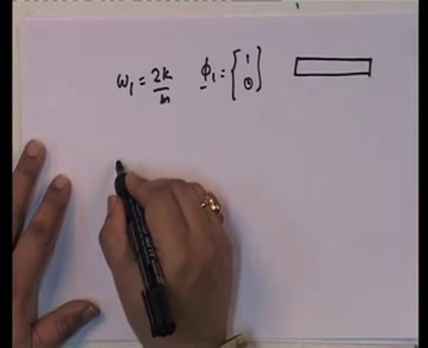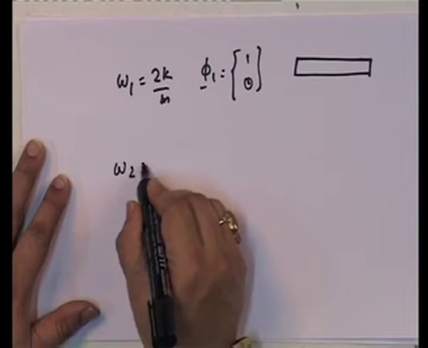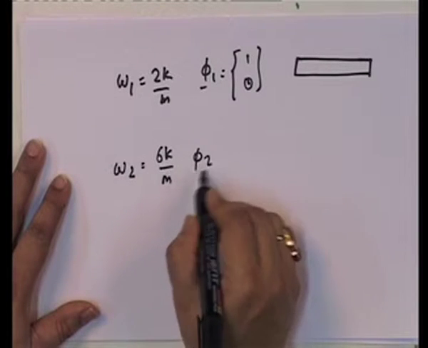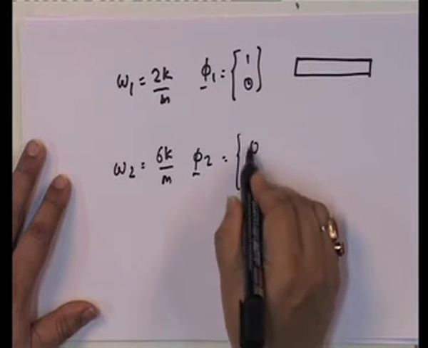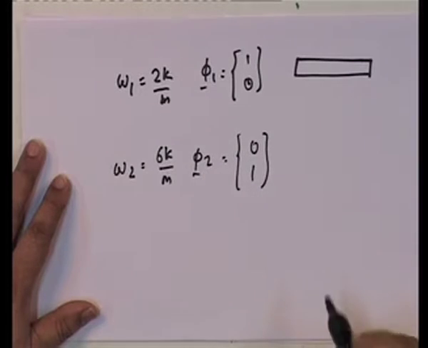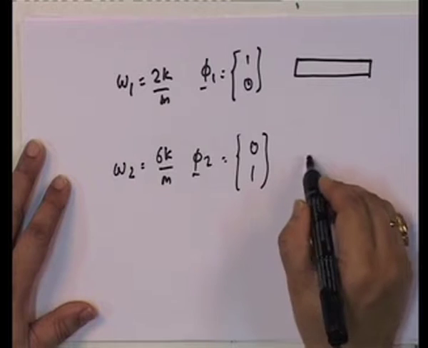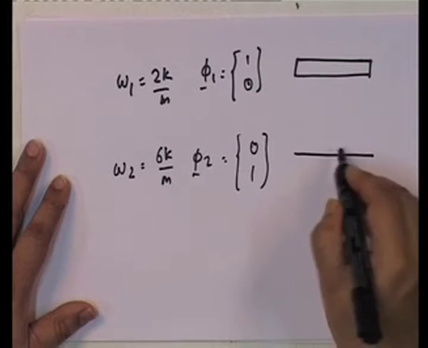And omega 2, which is root 6k upon m, phi 2 is equal to 0, 1. Now, ux is equal to 0, u theta is equal to 1. What kind of a movement is that?